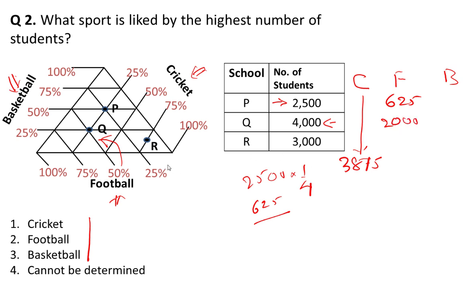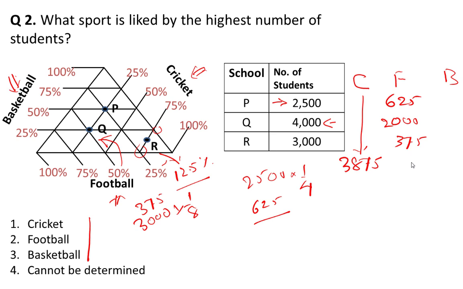What about R? I can see R is between 25% and 0%. That means, as we earlier discussed, it should be 12.5%, which is equal to 1/8. So take 1/8 of 3,000. 8 3 24, 8 7 56, 8 5 40. So it's 375.